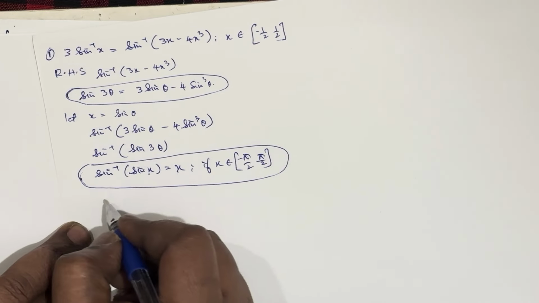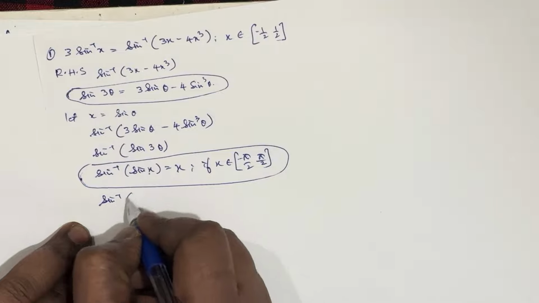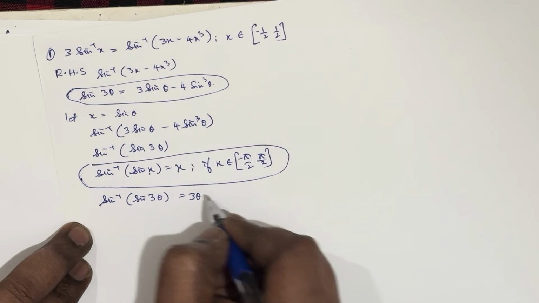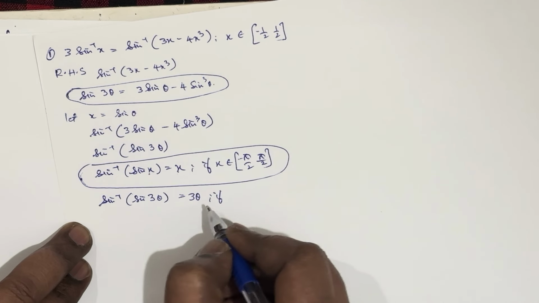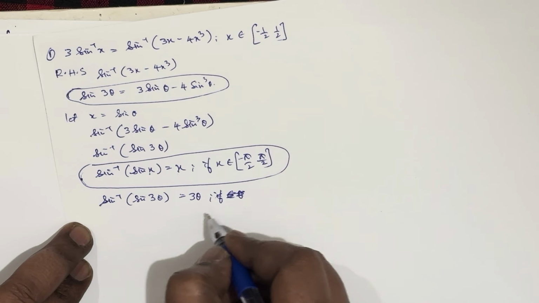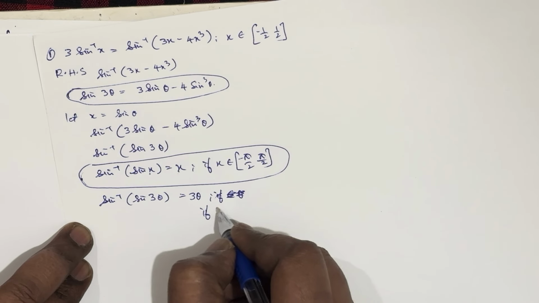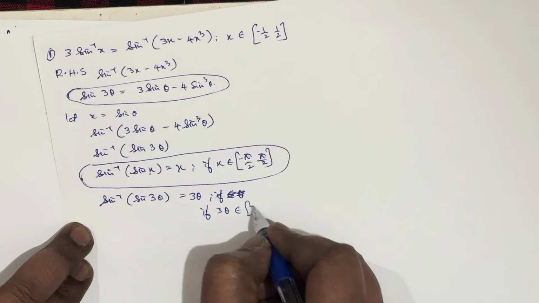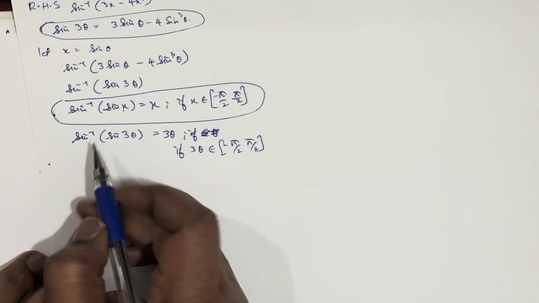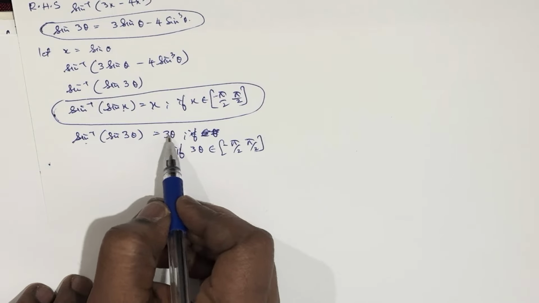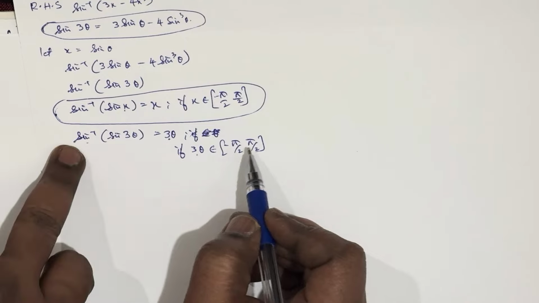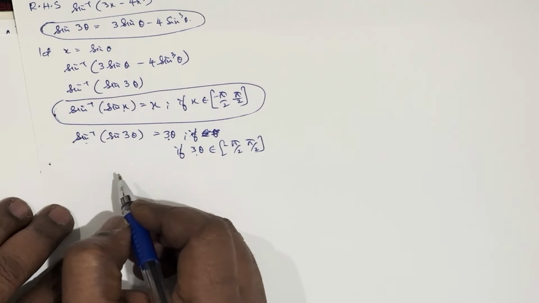So sine inverse sine 3 theta is equal to 3 theta only if 3 theta belongs to minus pi by 2 to pi by 2, the range of the sine inverse. Now we'll verify that.